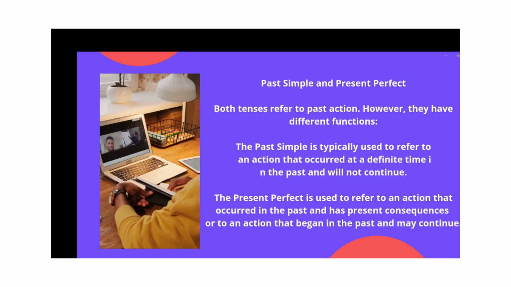What about past simple and present perfect? So both tenses refer to past action. However, they have different functions. The past simple is typically used to refer to an action that occurred at a definite time in the past and will not continue, but the present perfect is used to refer to an action that occurred in the past and has present consequences, or to an action that began in the past and may continue.